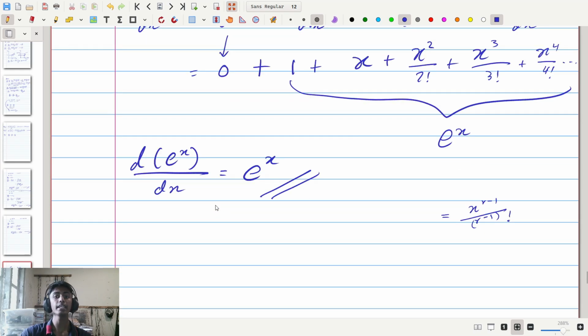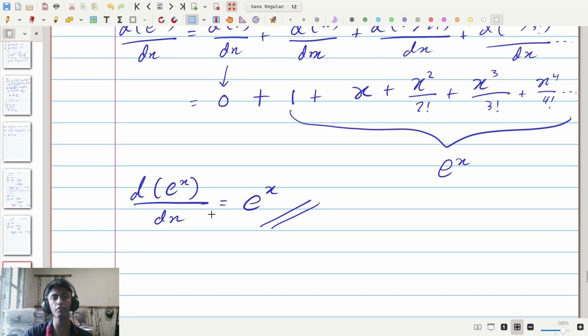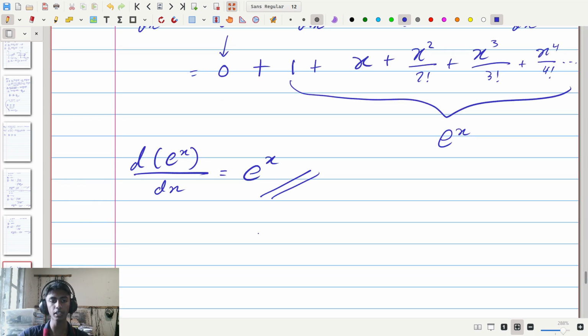In fact, e to the power of x is the only function, well, there's a whole family of functions, but e to the power of x is a unique element of this family where its derivative is itself. What I meant by the family of functions is actually the derivative of any constant c times e to the power of x with respect to x is in fact itself, c times e to the power of x, for c an element of the real numbers.